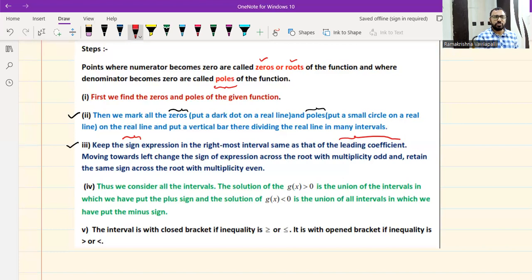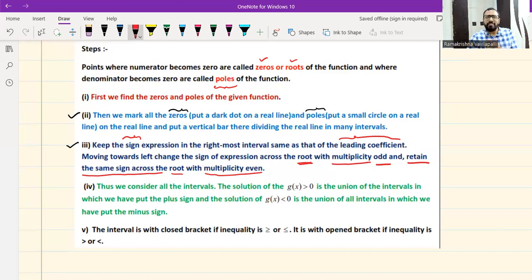So now moving towards the left, change the sign of the expression across the root depending on its multiplicity, which means the power of each factor involved in the expression, and retain the same sign across a root with even multiplicity.